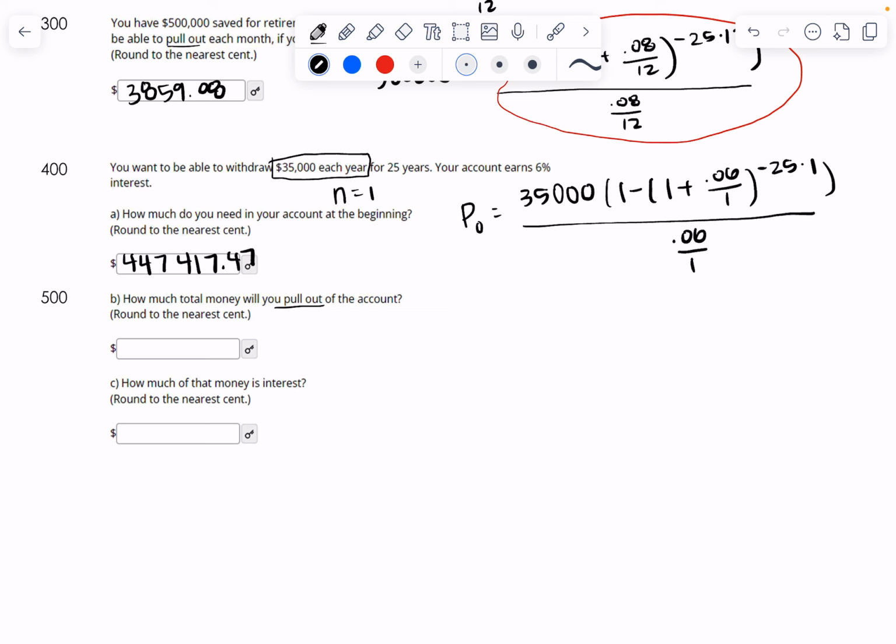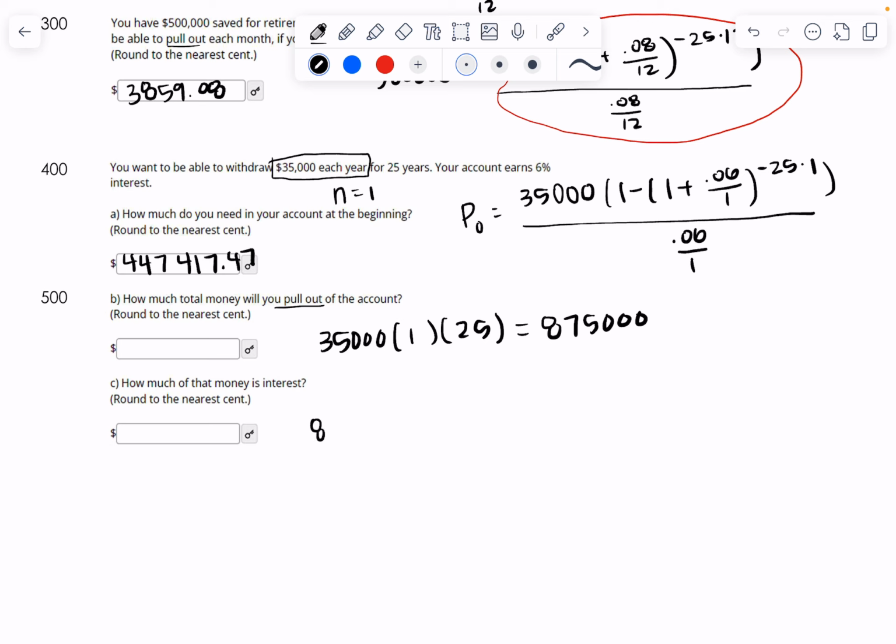Okay, how much total money will you pull out of the account? You're pulling out $35,000 once a year for 25 years. So you're pulling out $875,000 over the course of the retirement account for 25 years.